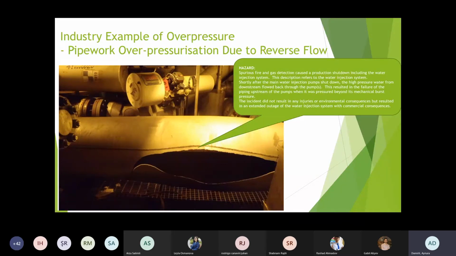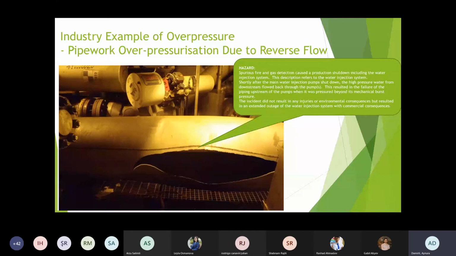After the main water injection pump shut down, the high pressure water from downstream flowed back through the pumps. This resulted in the failure of the piping upstream of the pumps when it was pressured beyond its mechanical burst pressure.